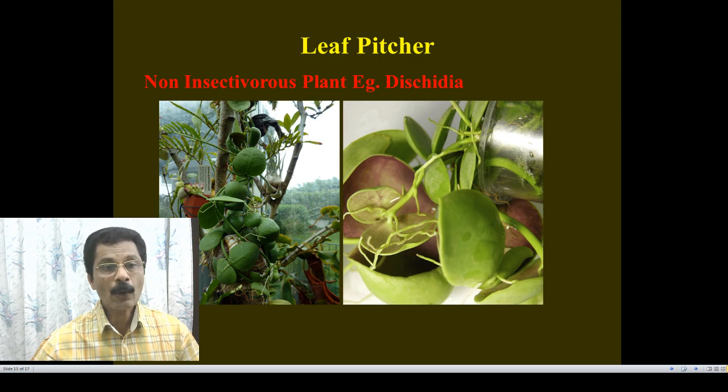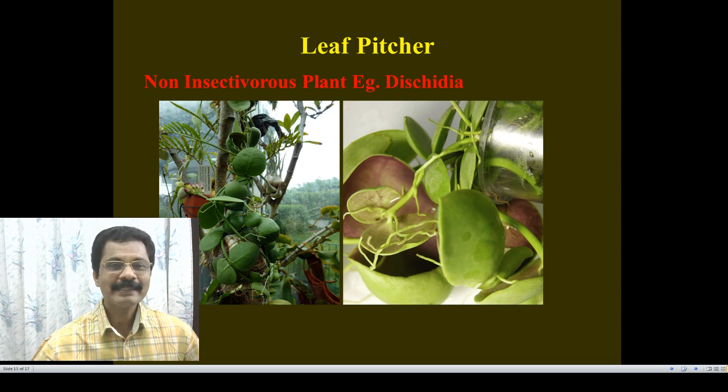Then another non-insectivorous plant, for example Dischidia rafflesiana, there the leaflet is modified into a flask-shaped structure to store water and dewdrops, and they are not mainly meant for capturing insects. This is a non-insectivorous plant, and from the node the plant produces adventitious roots, and these adventitious roots penetrate into the pitcher and absorb water from this.